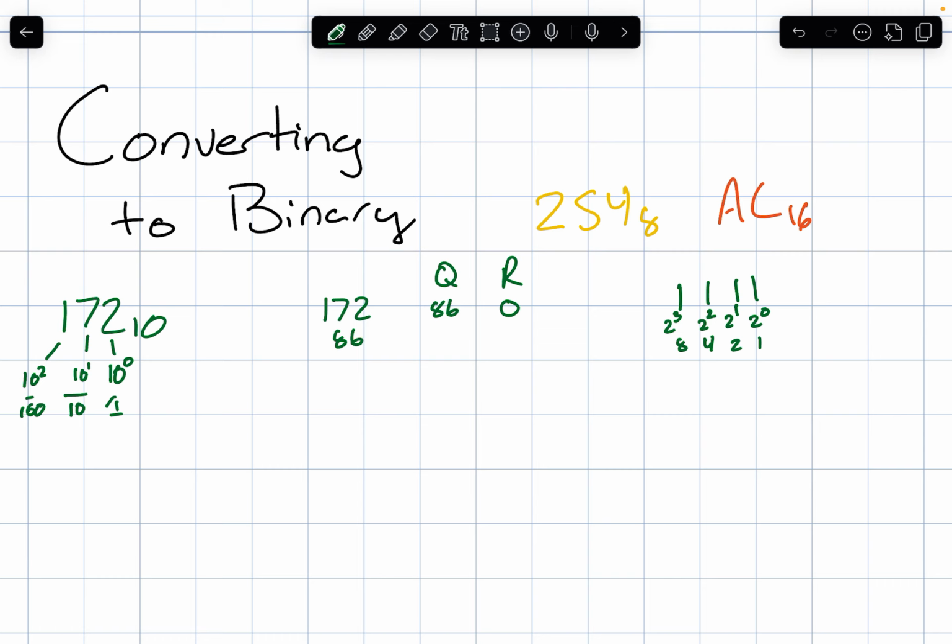86 divided by 2 would be 43, remainder of 0. 43 divided by 2 would be 21, remainder of 1.